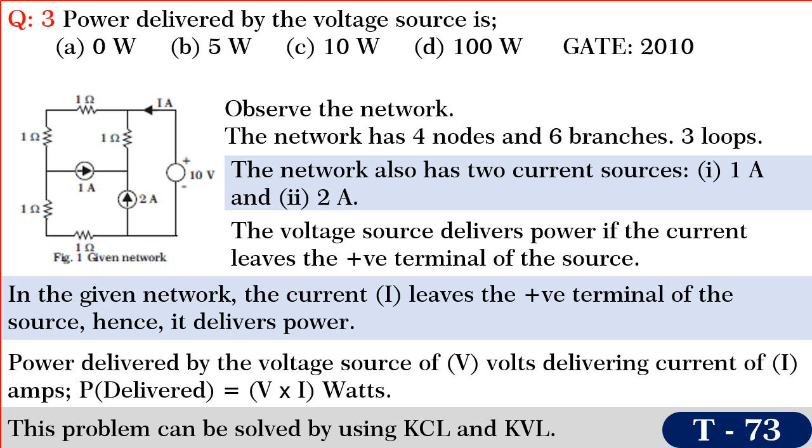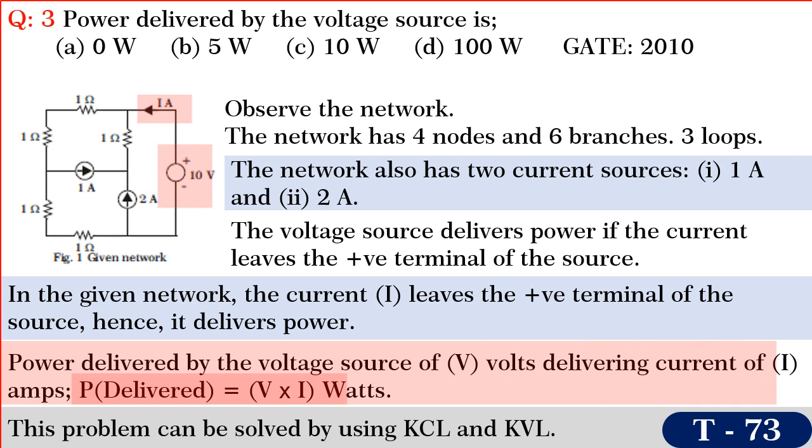We know that the voltage source delivers power if the current leaves the positive terminal of the source. In the given network, the current I leaves the positive terminal of the source, hence it delivers power. We also know that power delivered by the voltage source, P delivered, is equal to V into I watts.